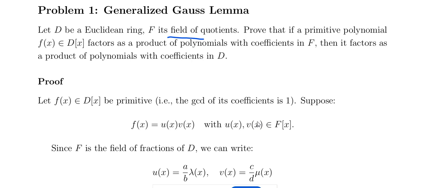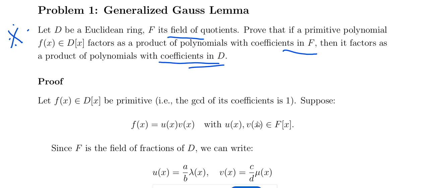If a primitive polynomial f of x belonging to D of x factors as a product of polynomials with coefficients in the field F, then it factors as a product of polynomials with coefficients in D. That is the generalization of the Gauss lemma.